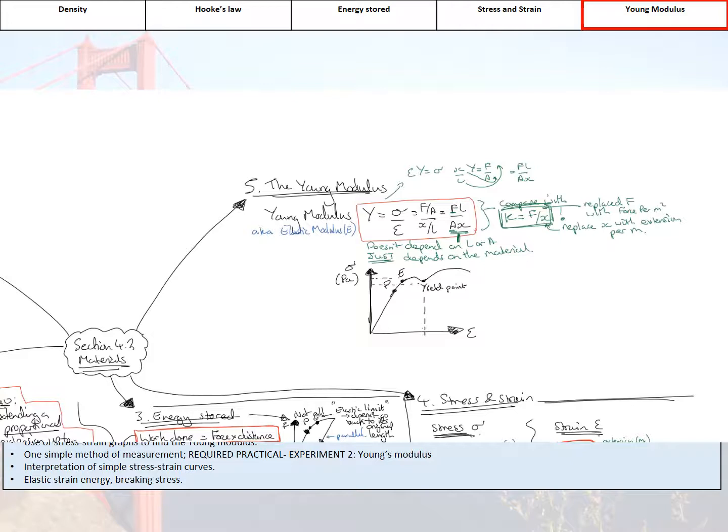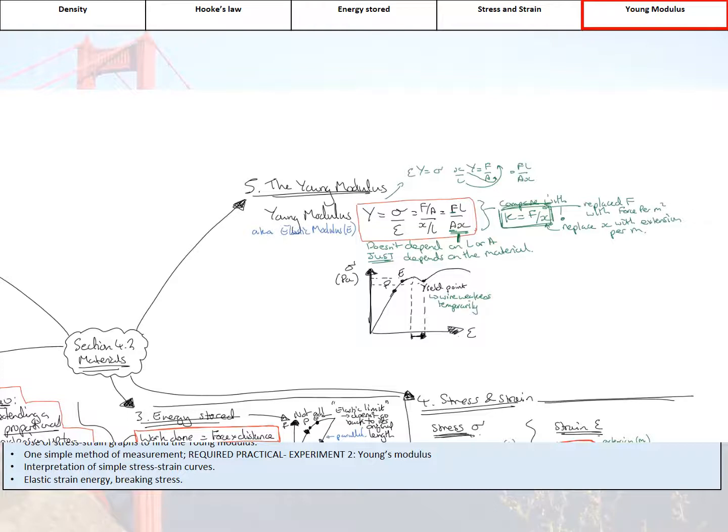This is the extension per meter, so the extension per meter original length is increasing, so the total extension must be increasing as well. So from here to here, we've still extended. Each meter of our original length is still extended by that amount. But the force needed to do that has dropped. So the wire weakens temporarily.